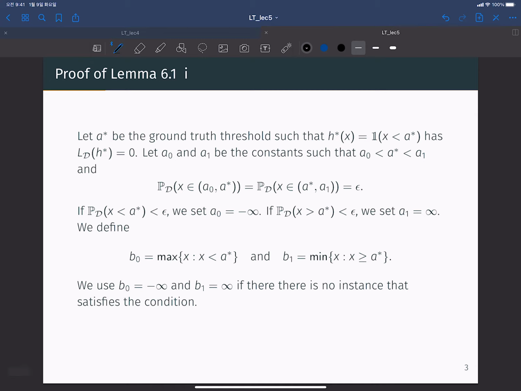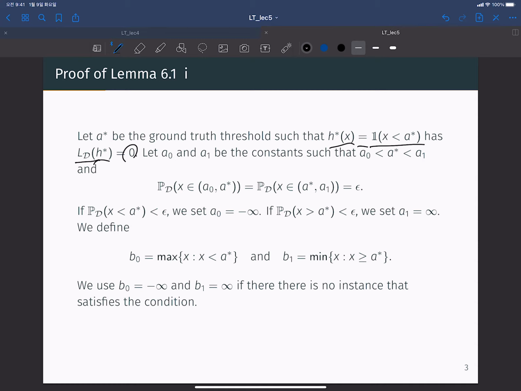Let a star be the ground truth threshold such that h a star of x is the indicator function of whether input x is less than a star or not. Of course, the test error is equal to 0 with this ground truth hypothesis.